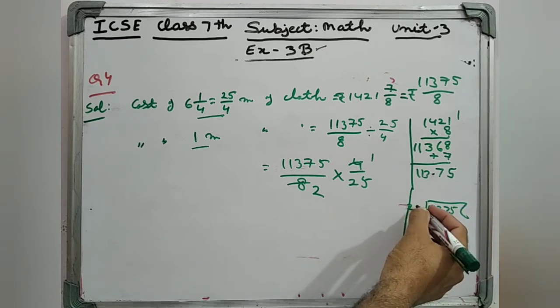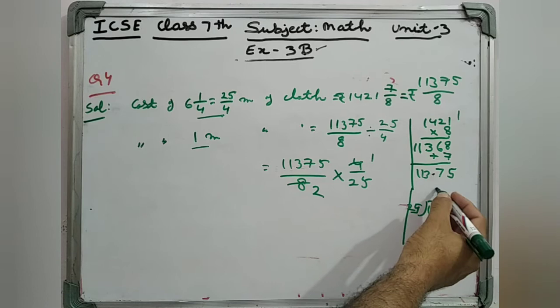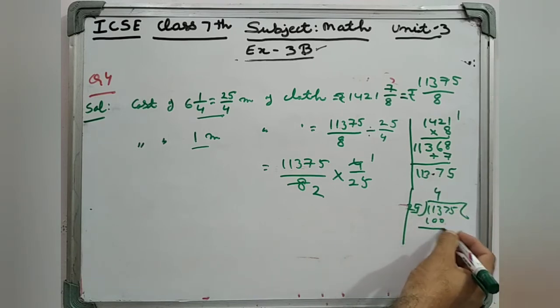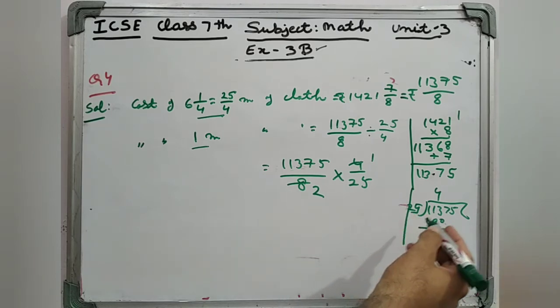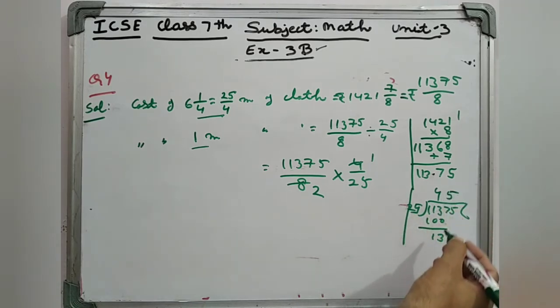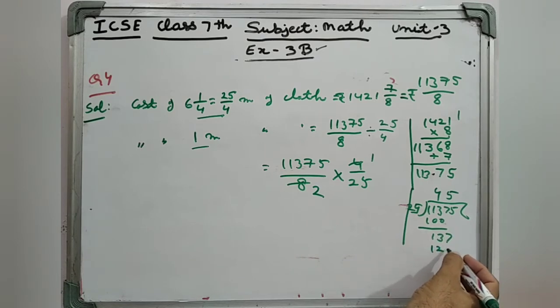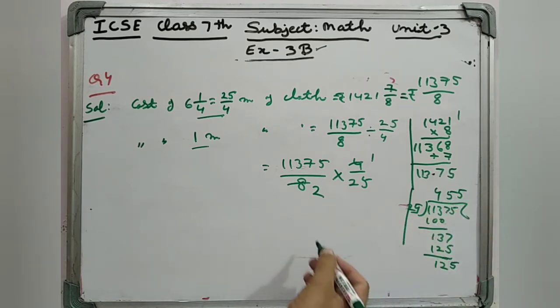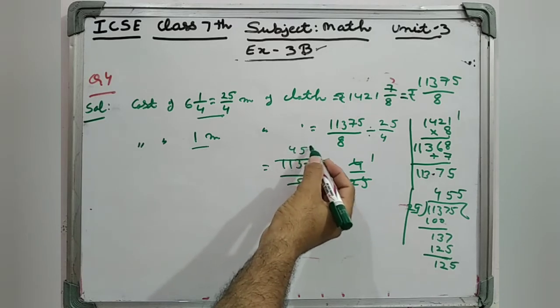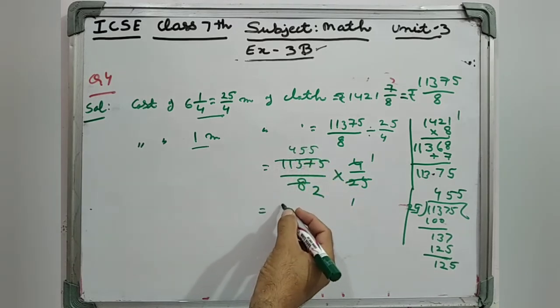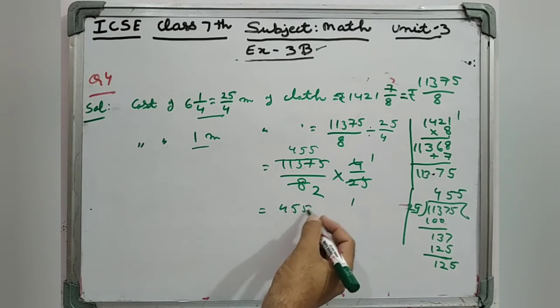11375, we want to divide it by 25. 4 times 25 is 100, 3... 25 sixes are 150, 5 it will go on 5, 25 fives are 125. Here 12 will remain. Now 5 by 25 fives are 20. So that means this will go on to 455. So the answer is 455 upon 2.